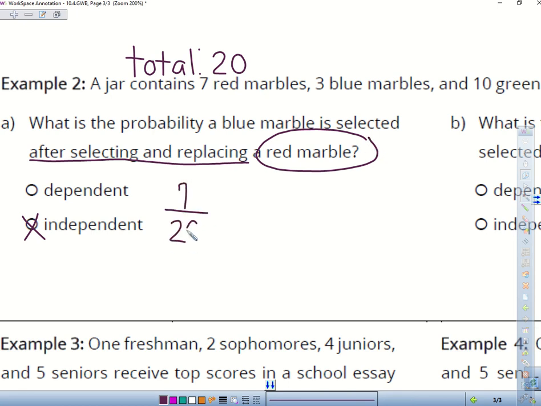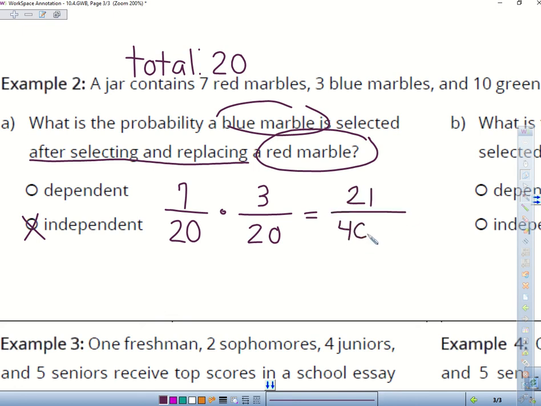Good. Times, what is the chance of then picking a blue marble? 3 out of 20. Good. And why doesn't that second denominator change? Because you replaced. That's going to give you 5.25%. Anyone have any questions about that?